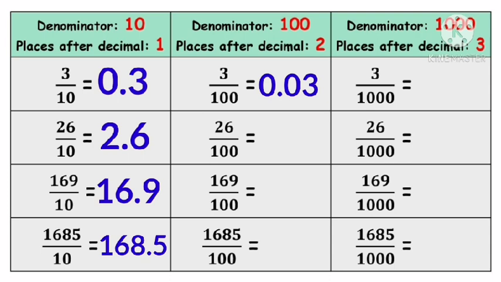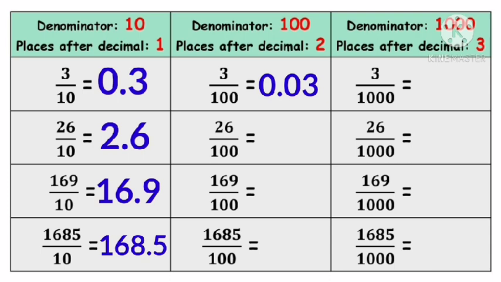Right? So here, as in the denominator you have 2 zeros and in the numerator you have only 1 digit, we will add 1 zero before 3. So the decimal form will be 0.03. Got it, Slaters? Yes.